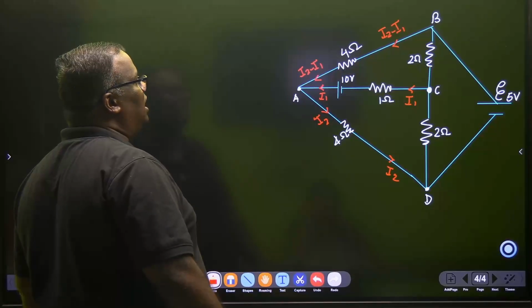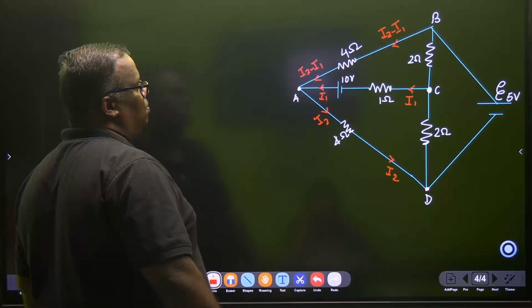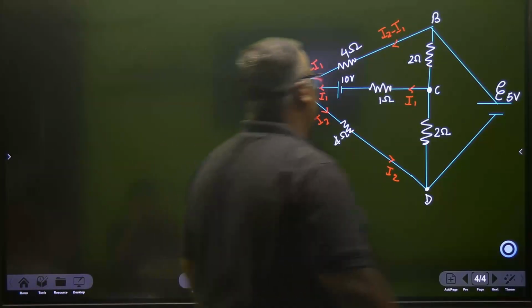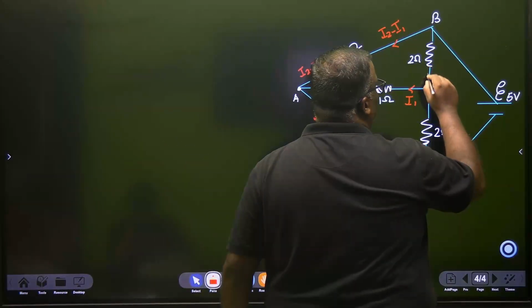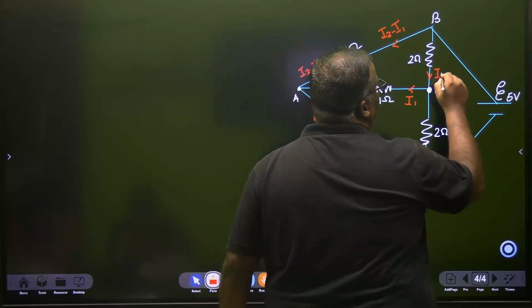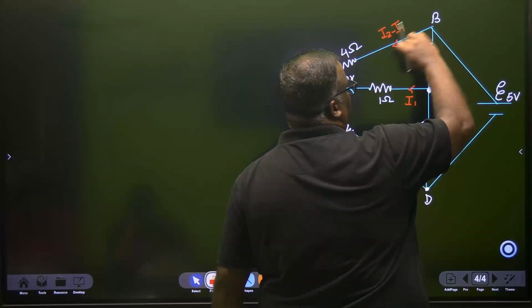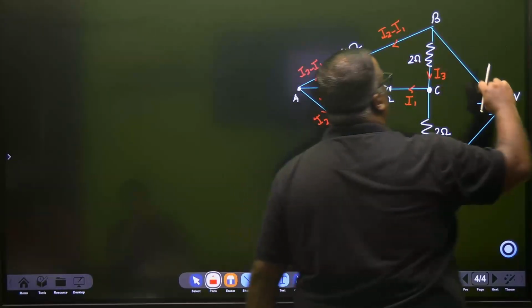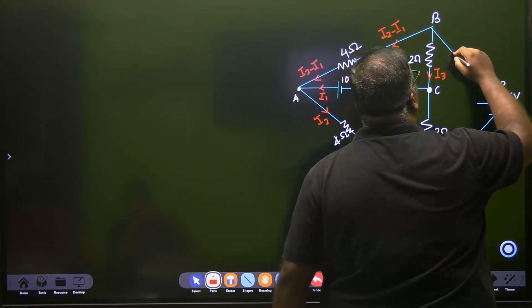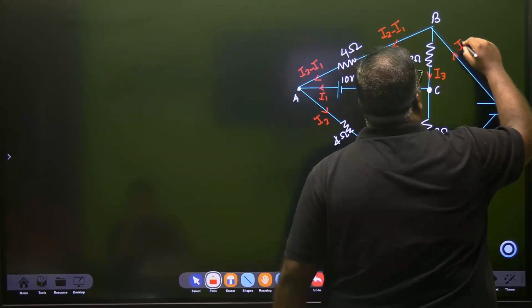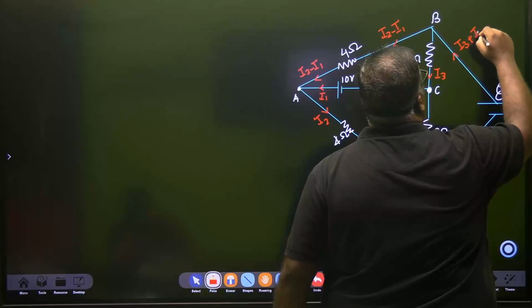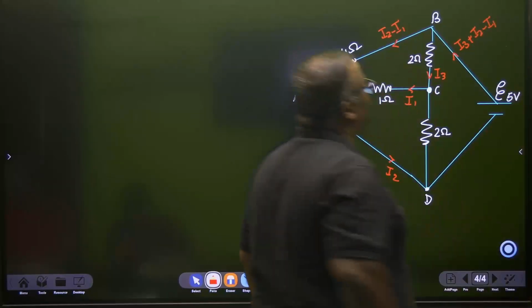There has to be a third current also that we have to produce out here. All right. So if we take this current as, say, I3, then this current should be I3 plus I2 minus I1. Did you understand?